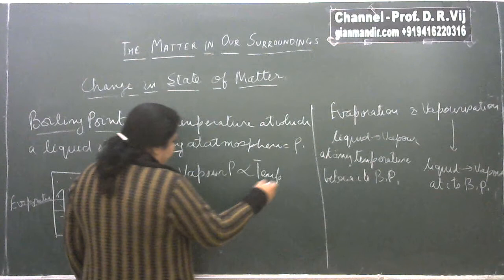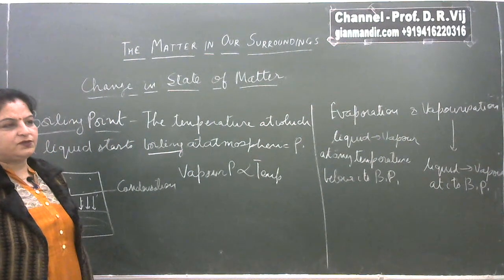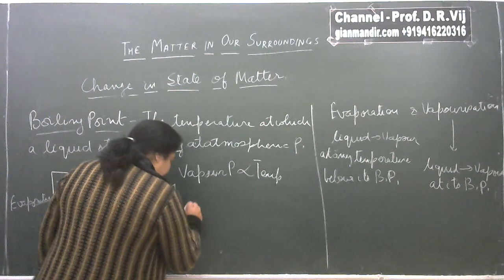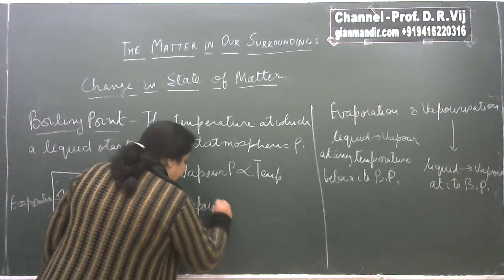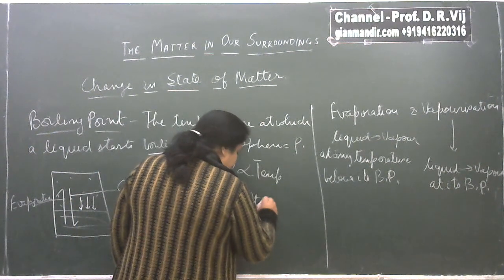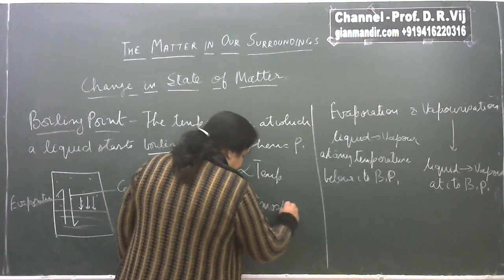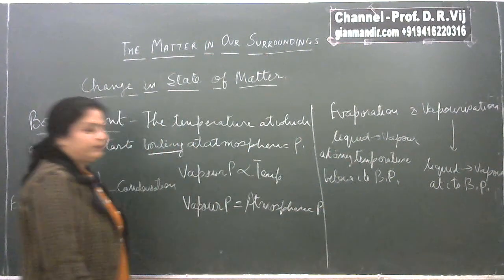As we keep on increasing the temperature, the vapor pressure also increases. And a time comes when we say that the vapor pressure of the liquid becomes equal to atmospheric pressure.